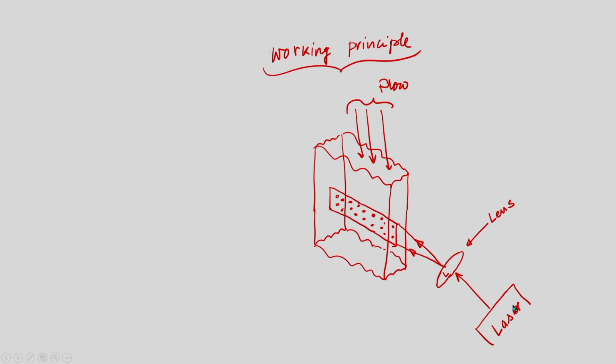This is the laser source from which light is coming. The beam is taken through a lens to split into two parts, so that we can focus our attention on a particular zone, and that is what is seen from the schematic. We have now illuminated a zone in the flow field using this laser source.